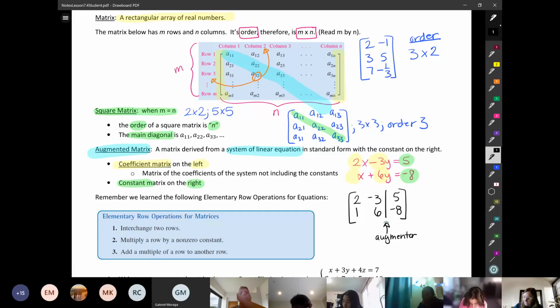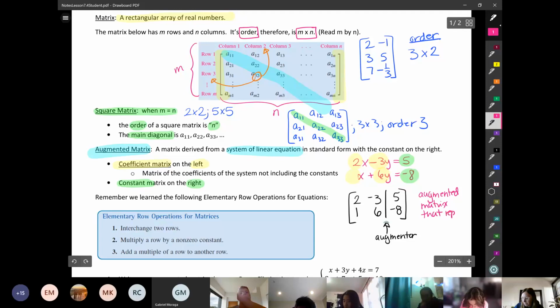So this is now the augmented matrix that represents the system. We've taken this system and written it in a new format called an augmented matrix, and that's how we connect a system to an augmented matrix.